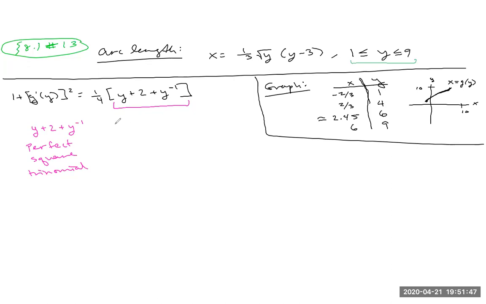So what that is, y to the 1/2, the quantity squared, essentially taking the square root of this part and putting it in here and squaring that. And then we're going to have a plus 2 times y to the 1/2. Over here, if we took the square root of y to the negative 1, that would be y to the negative 1/2.